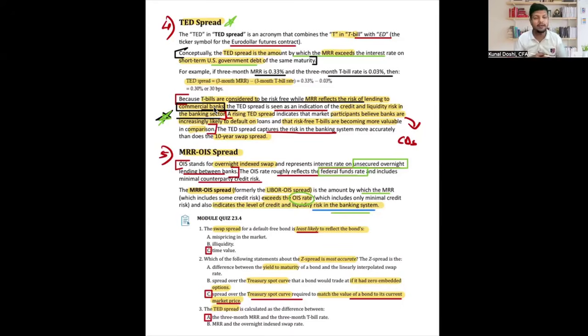Correct? Two more spreads, very important, are the TED spread and the MRR-OIS spread. Both are spreads which tell you the risk in the banking sector. What is the difference between both?